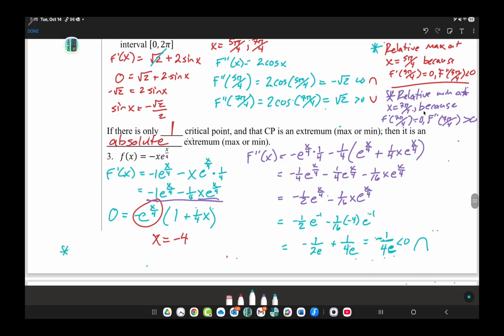So we have an absolute max at x equals negative 4, because f prime at negative 4 is equal to 0 and f double prime at negative 4 is less than 0.